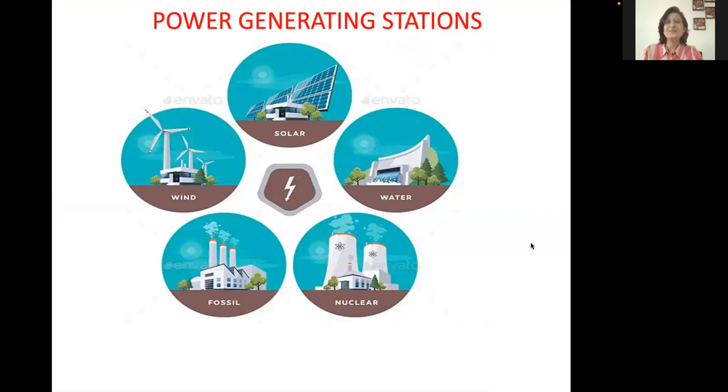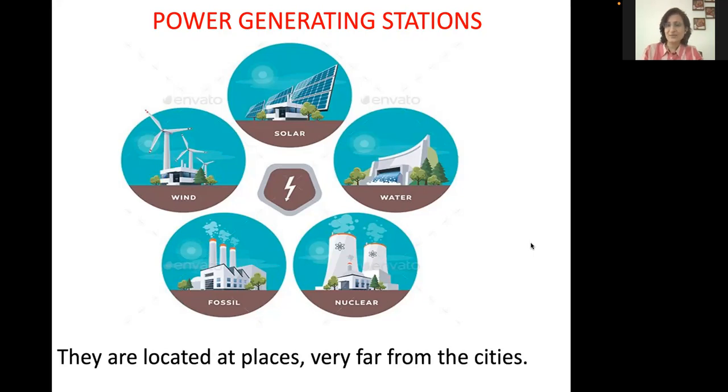As you can see, man has learned how to convert wind energy, fossil energy, nuclear energy also to electrical energy. But these power generating stations are located at places very far from the cities. And that's the reason this power has to come through the transmission lines to our homes.